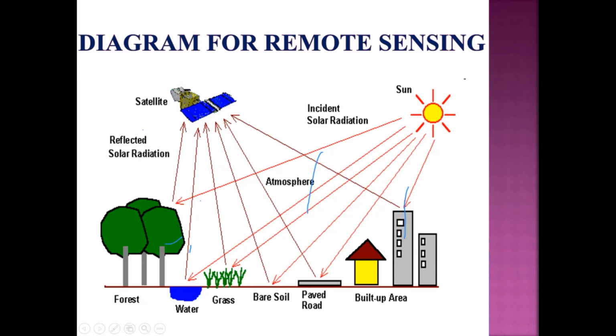Water is absorbing infrared radiations more and more, so it is reflecting the visible range. The sensor detects those radiations which are reflected back from the object. So water is giving back the visible range, but the plant is reflecting more NIR, the infrared radiations.